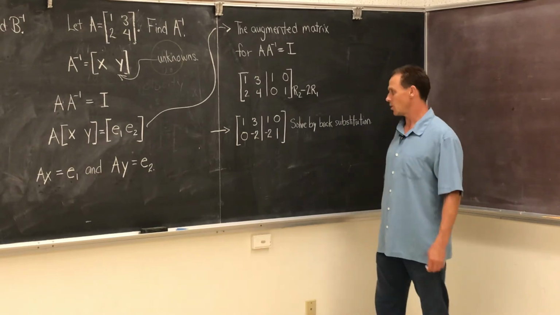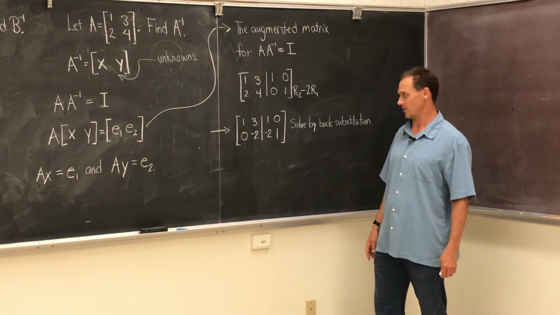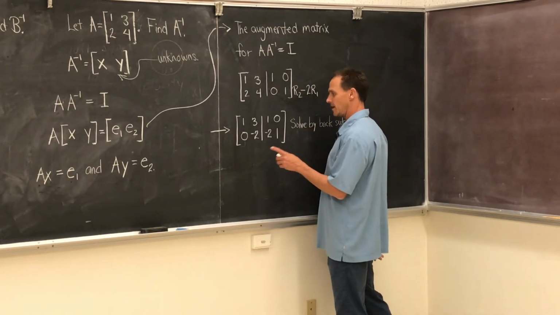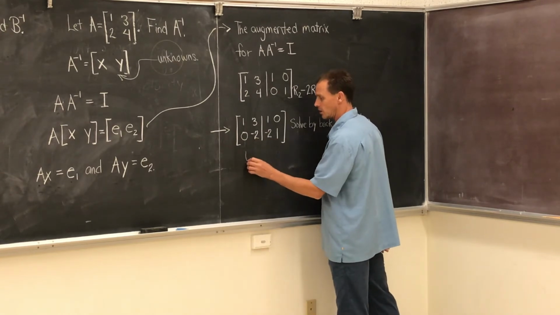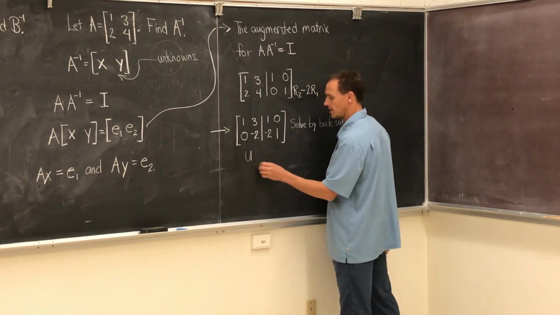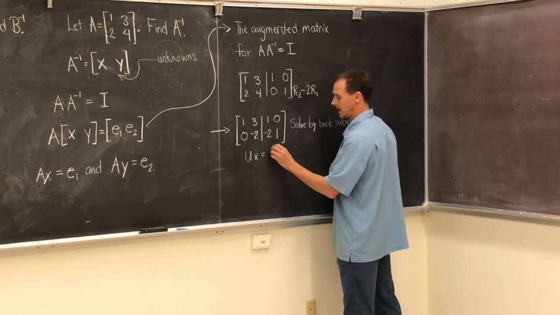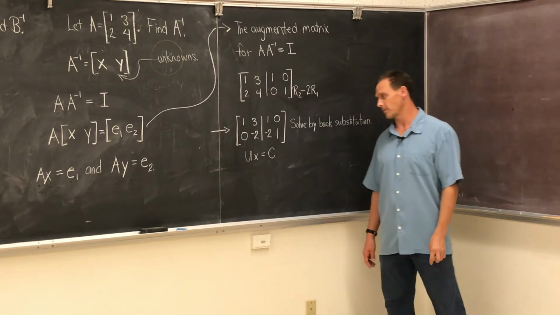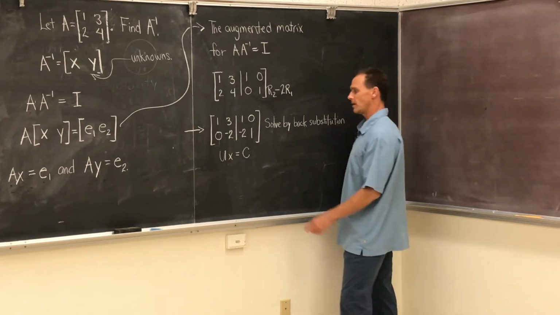Now, we're going to go a little bit further. You ready? First thing I'm going to do now is this is upper triangular. So now I have essentially made Ux equals, I'm going to put a capital C for the matrix C, not just a single vector. Here's what we can do.